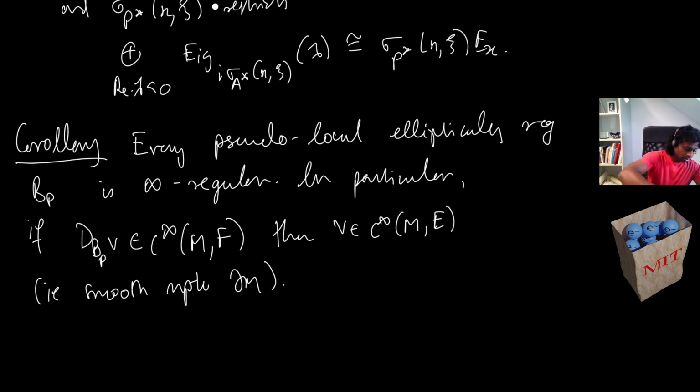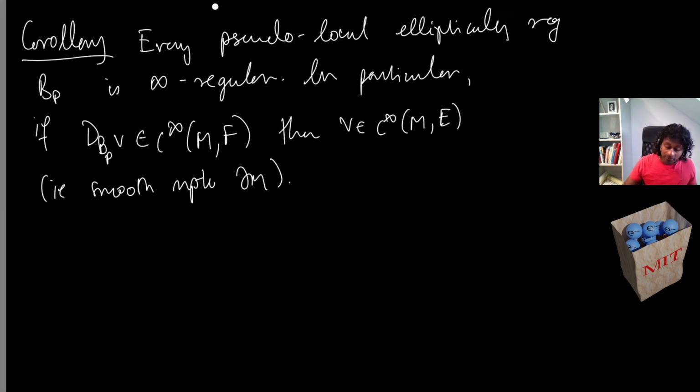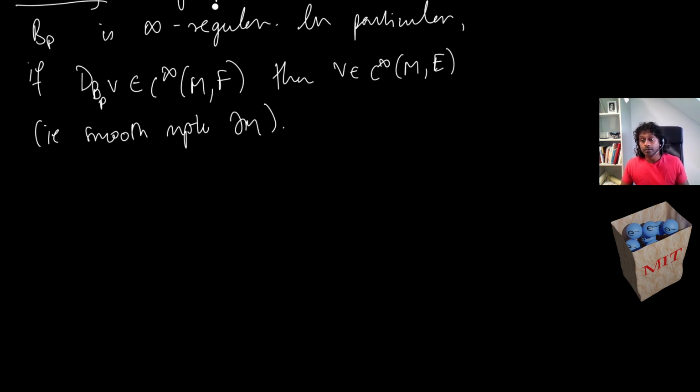Okay, so let's actually examine. In the majority of this talk, even the APS boundary condition is a pseudo-local elliptically regular boundary condition, okay?